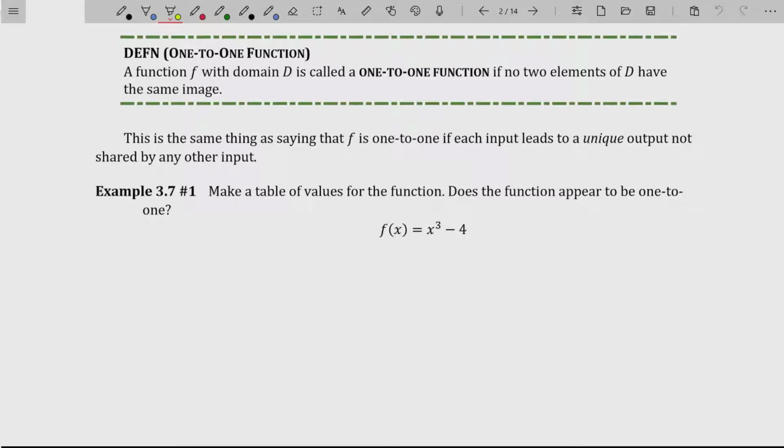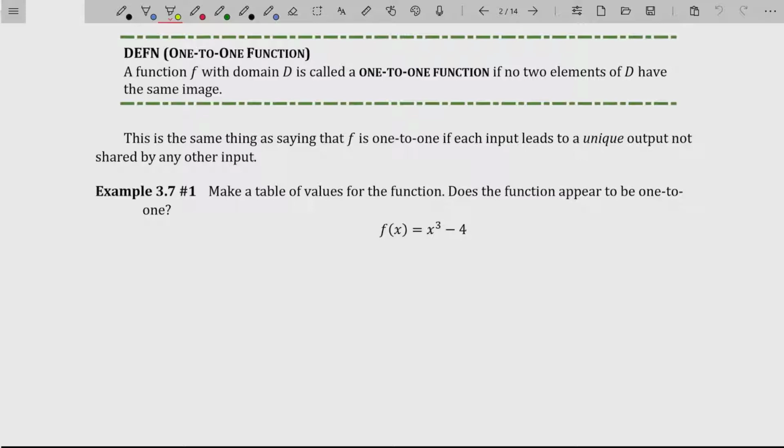A function f with a domain D is called one-to-one if no two elements of D have the same image. Now, let me just tell you, that's actually a very, very rigorous definition. What that really means is that each input of the function f leads to a single output, and each output leads back to a single input.